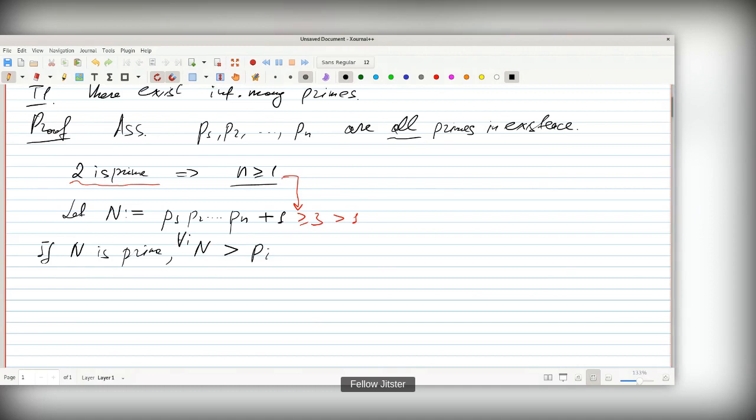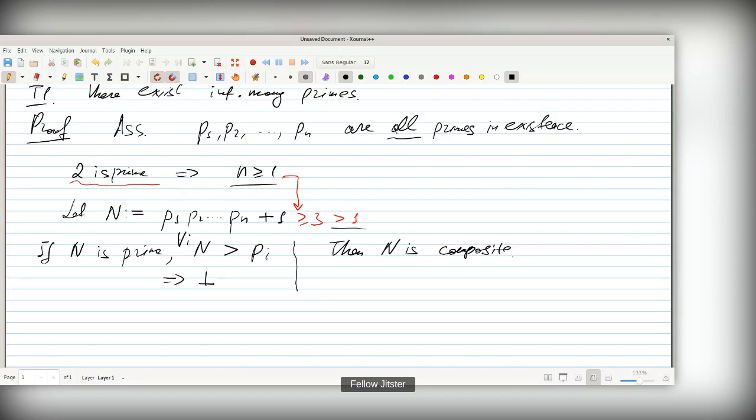So we have a contradiction. It is not possible for this number to be prime because it is distinct from any of our primes. So it is not prime. We know that every number is either prime or composite. So then N is composite because it is greater than 1, and every number greater than 1 is either prime or composite.